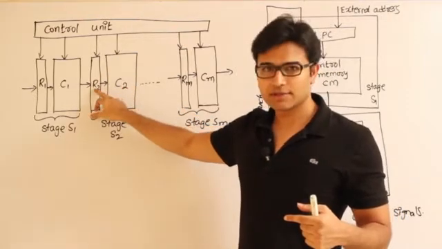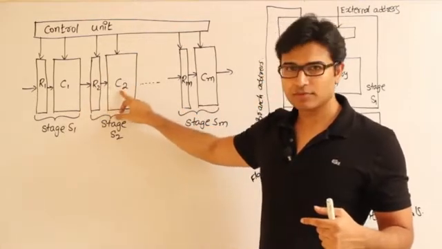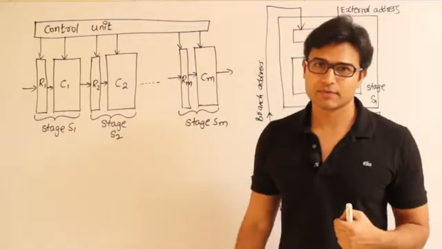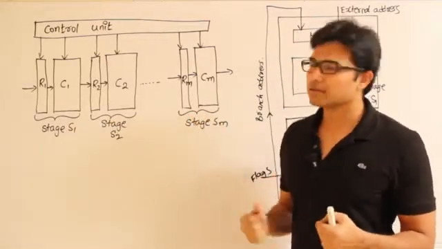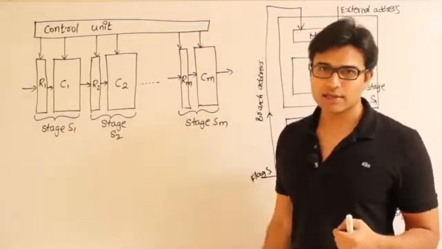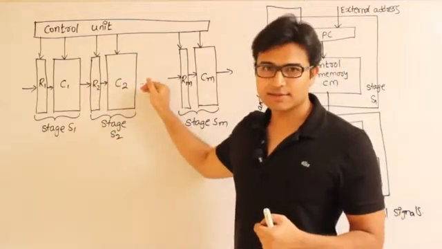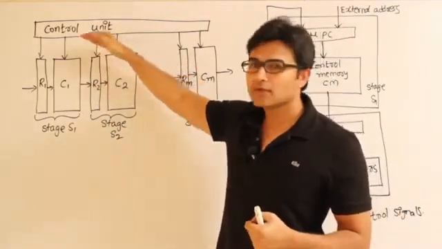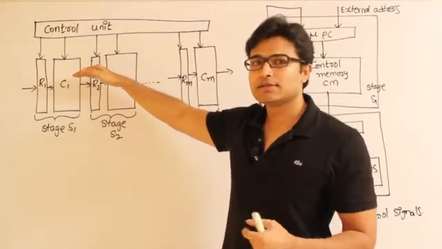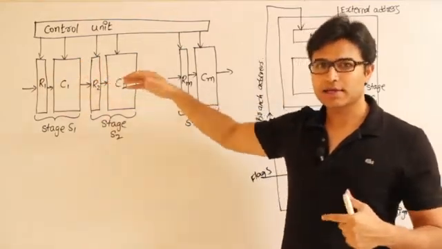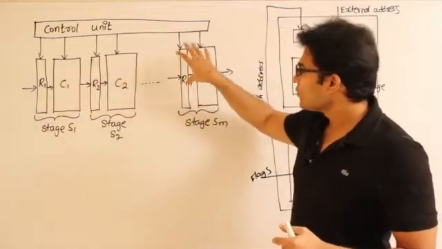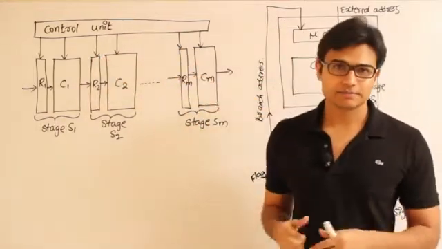R2 are the buffers for C2, and R2 and C2 are combinedly called stage 2. Similarly, we have n stages, and all these stages are managed by our control unit, which gives the timing signals and control signals appropriately so that the data moves between them accordingly.